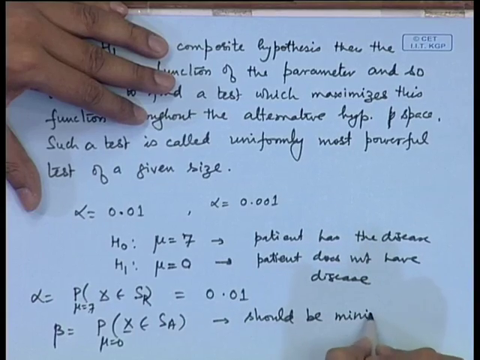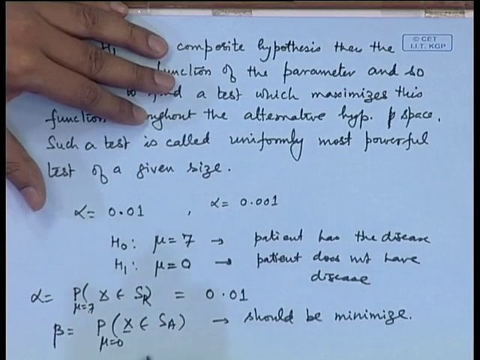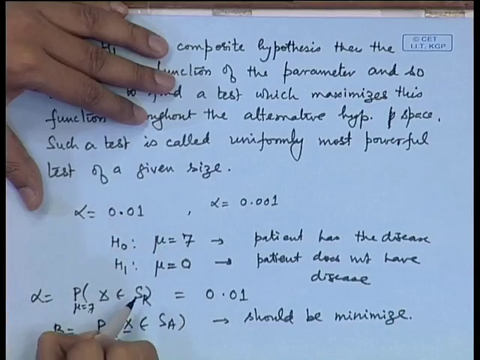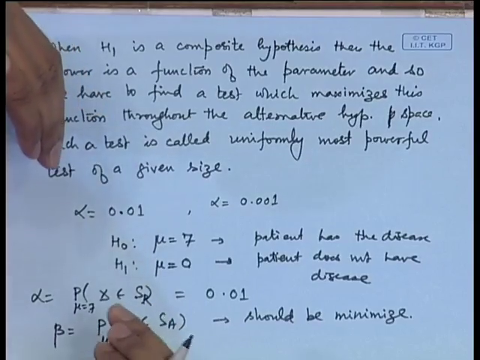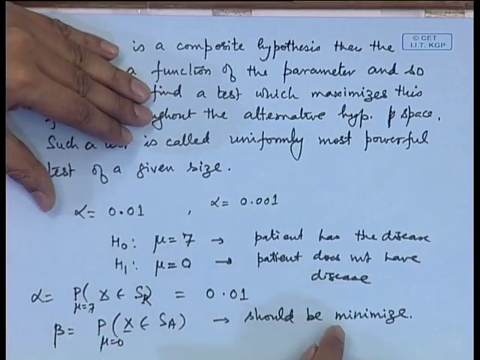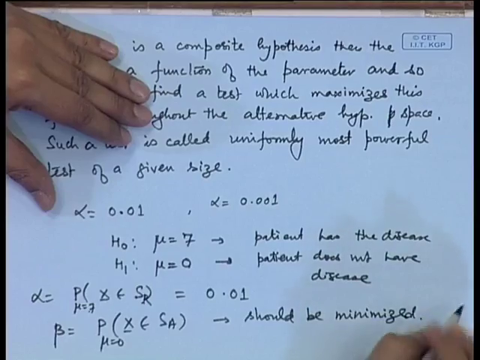That means, we should find a test procedure. So, basically determining a test procedure means that we are fixing SR and SA. So, find that procedure which gives you SR and SA in such a way that this beta is minimized. So, this is the theory of finding out optimal tests, or you can say most powerful tests here.